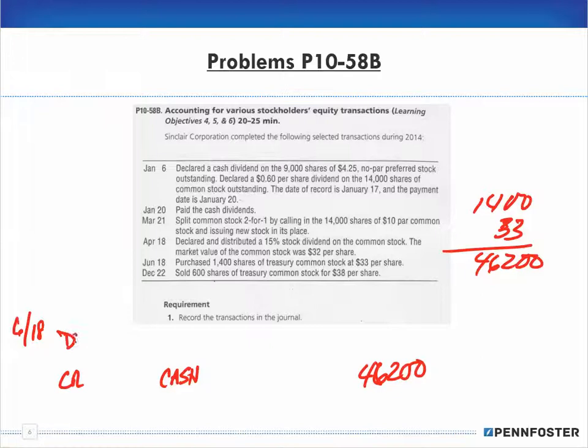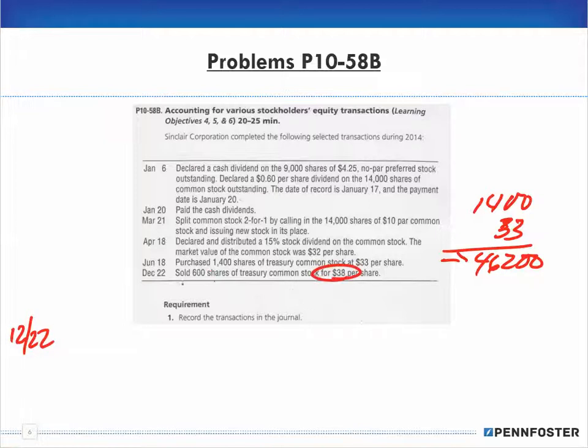And that is a debit to our treasury stock for $46,200. Okay, so pause the video, and I'm going to erase that transaction. Okay, so I'm going to leave the $46,200 up right here because I know we're going to, it says here, on 12/22 we're going to sell 600 shares of common stock at $38 per share, right?